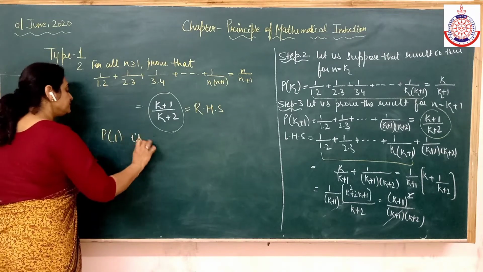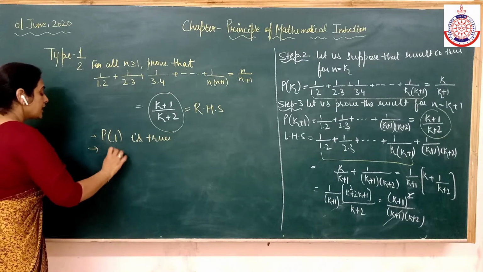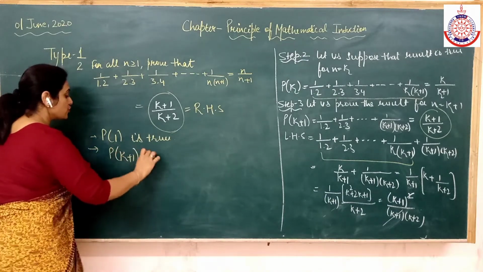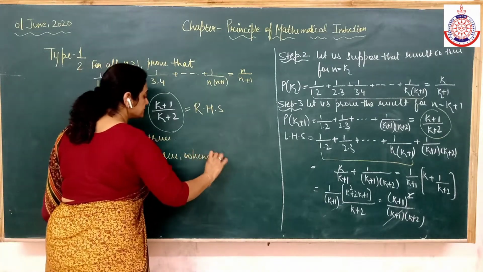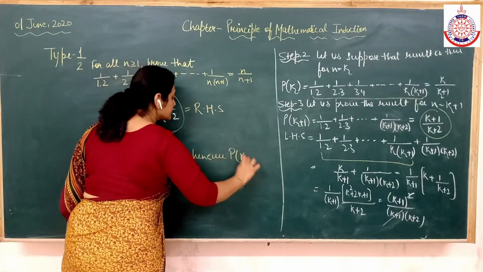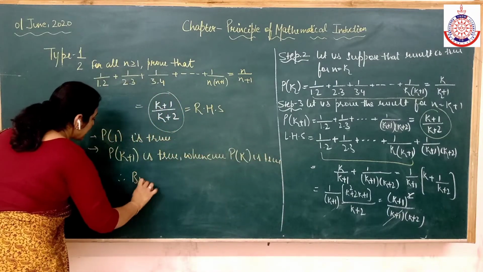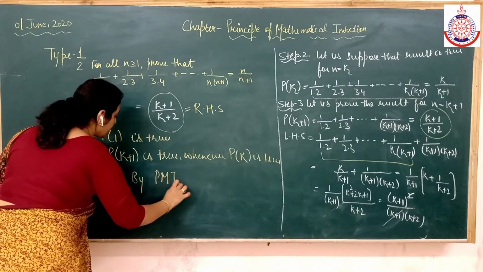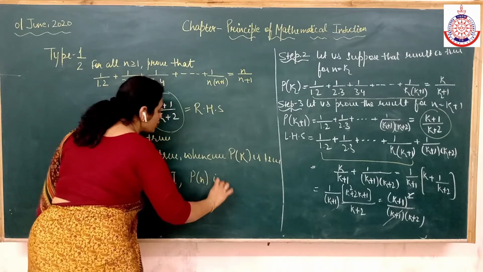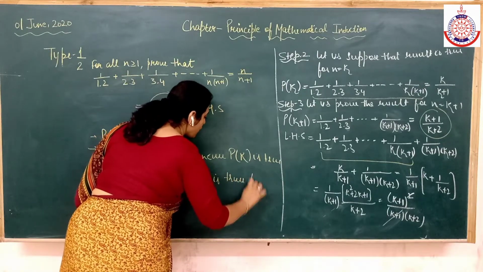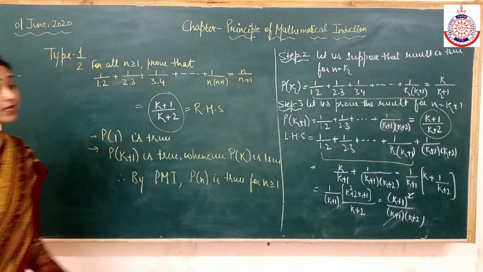P1 is true. This is the first thing. Second, Pk plus 1 is true whenever Pk is true. Therefore, by PMI, Pn is true for all natural numbers greater than or equal to 1.